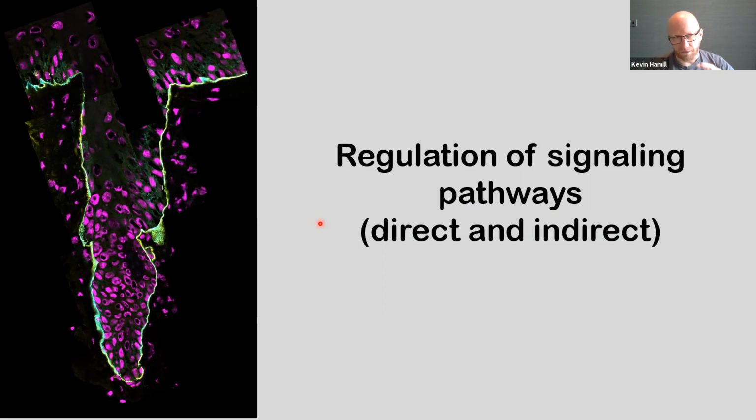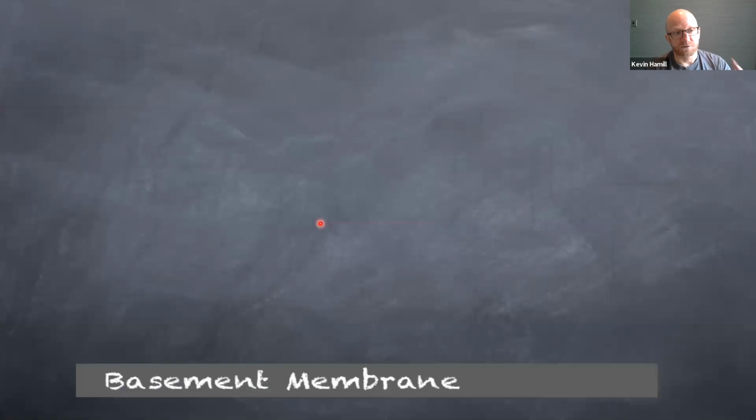And things like the end of the fibrotic response. So in a wound environment, you have your fibroblasts becoming activated, producing fibrotic material. It's only once the basement membrane reforms and you block that signal coming from the keratinocytes down to the fibroblasts that the fibrotic response stops. So there's a whole bunch of things that the basement membrane is super critical for. And the big question is, how does it do it?